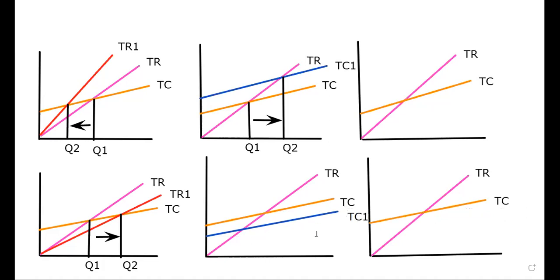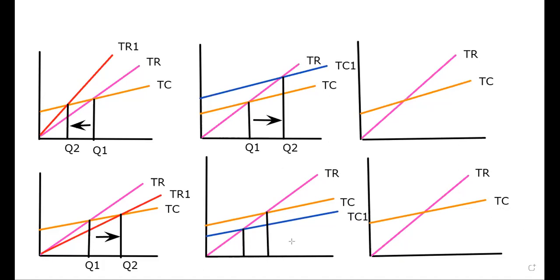So you can see now what happened to the break-even point. Fixed cost goes down, break-even point also goes down. Previously break-even was at this quantity. The new break-even point is now at this quantity. You can see break-even quantity goes down.